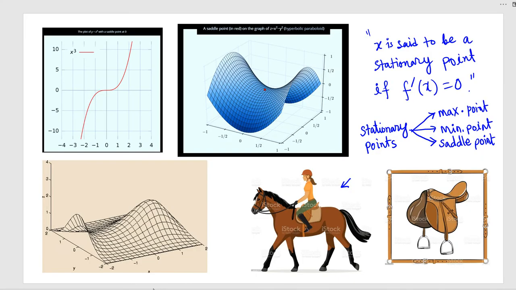Just to recall, stationary points where the derivative is 0 can be divided into 3 kinds: one is a maximum point, another is a minimum point, and the third is a saddle point.